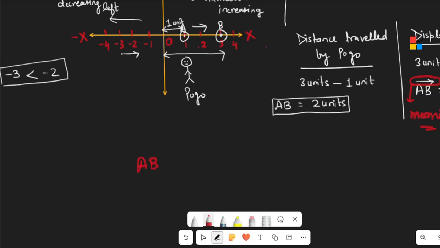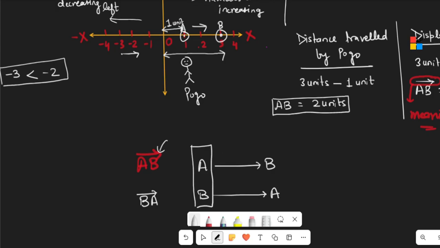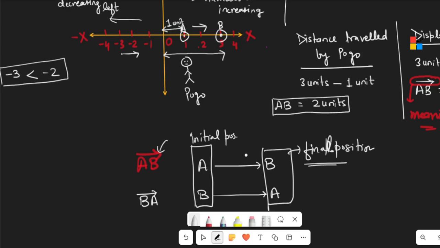If I write down again here AB and this is the arrow, so this arrow is basically telling you that you are moving from A to B. If I write this BA, so the meaning of displacement BA will be that you are going from B to A. So that means these two will become the initial positions in two different cases, and these two will become the final position.